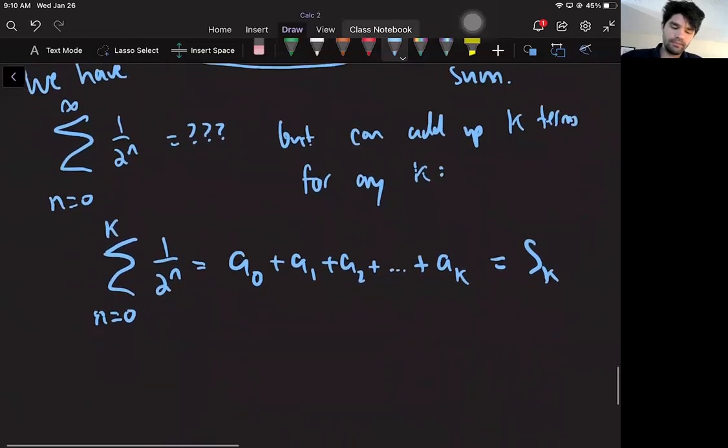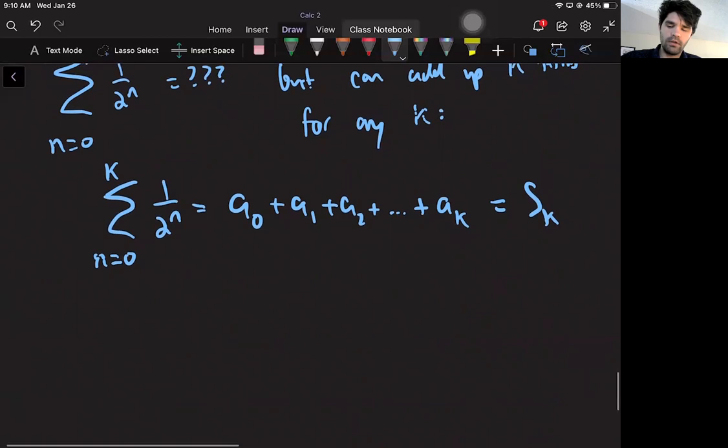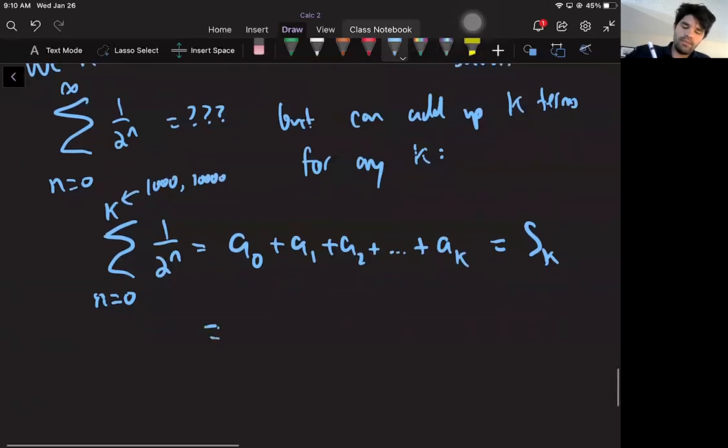So now, how can I add up infinitely many terms if I know how to add up finitely many terms up to any number K? So I could put whatever I want here. I could put 1,000, I could put 10,000, and I could still do it because I have that.